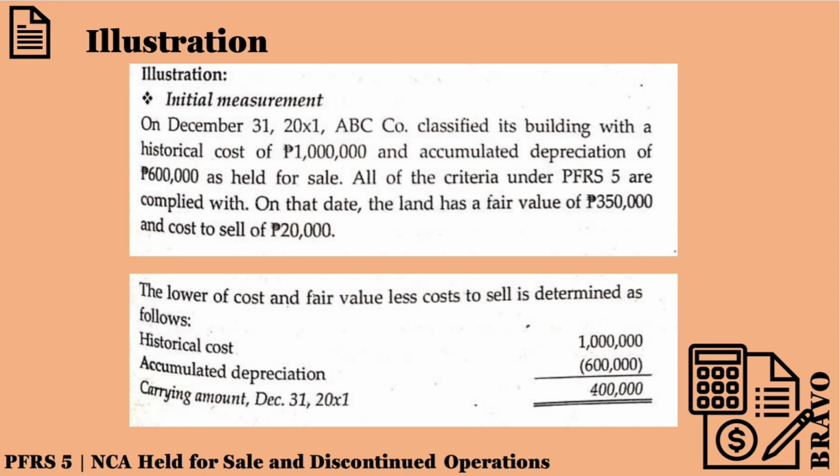So, first, we must find the initial measurement. Kukuhain muna natin yung carrying amount and the fair value, whichever is lower. So, by just simply subtracting the historical cost to accumulated depreciation, makukuha natin si carrying amount na 400,000.